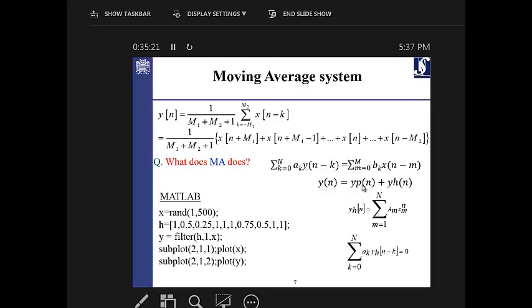Moving average is taking the average over the samples. But the size of the window considered to take this average depends on the parameters M1, for example, here, and M2.